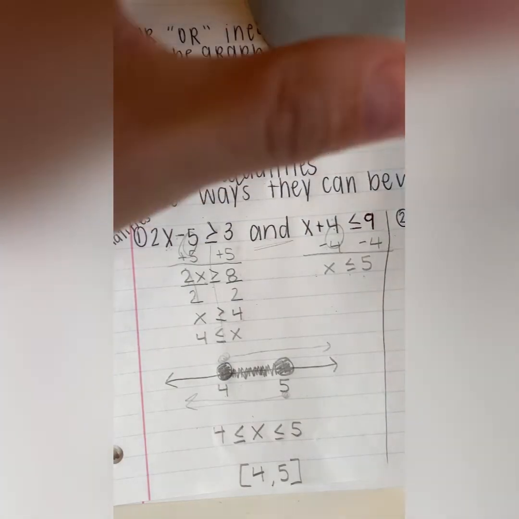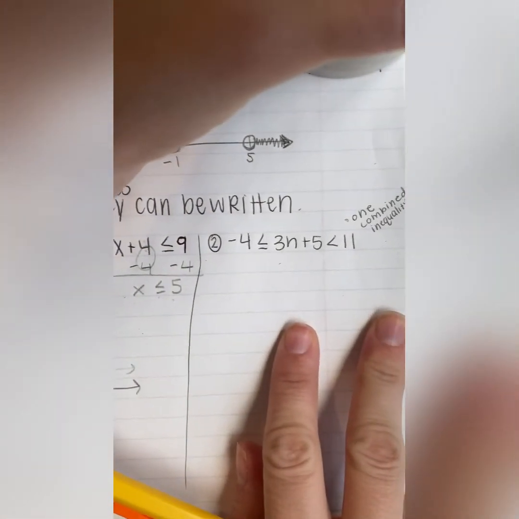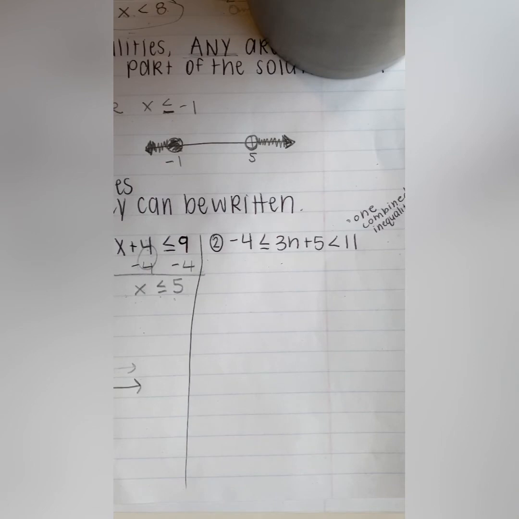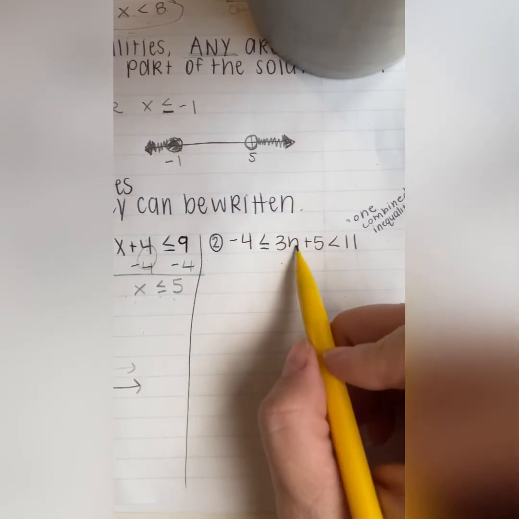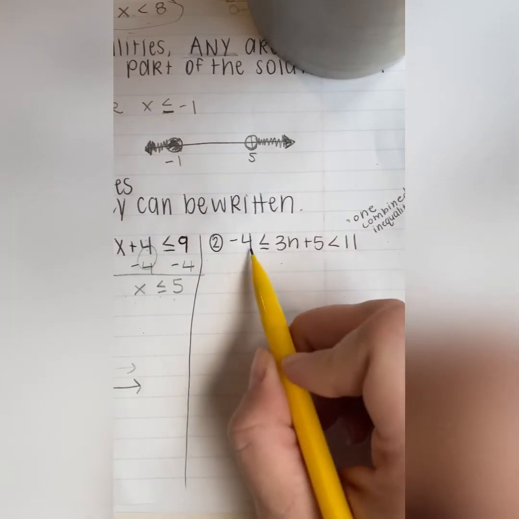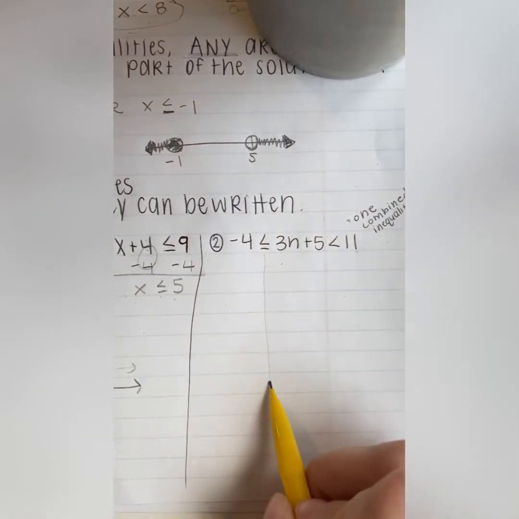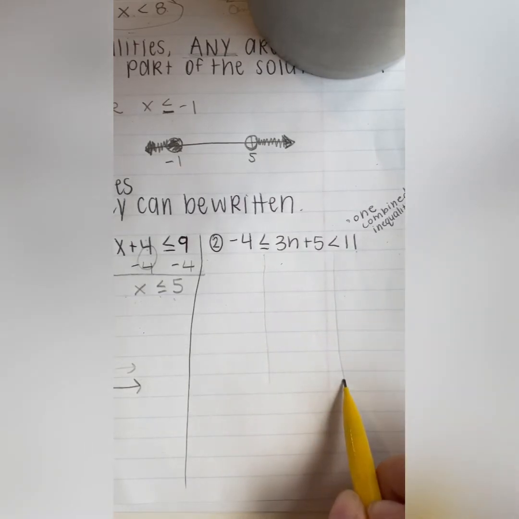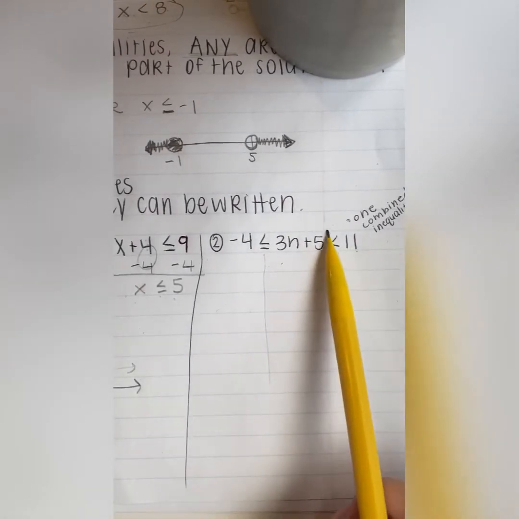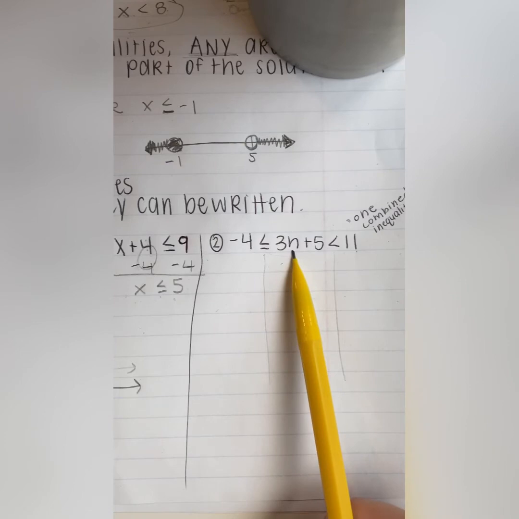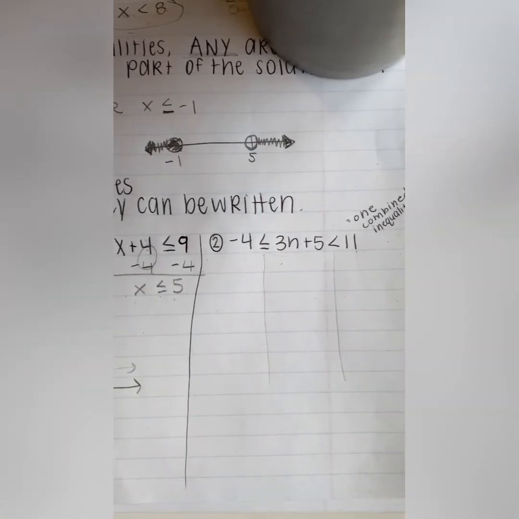All right. So example number 2, where we take an and inequality statement, but it's written as one combined inequality. So for this, whatever you do to get your variable in the middle by itself, you must do to both of the other sides, right? So I'm going to draw 2 lines here, because I have 2 inequalities. So really I have a left side, a middle, and a right side, okay? So we're looking in the middle to get n by itself, we need to cancel out that plus 5, right?